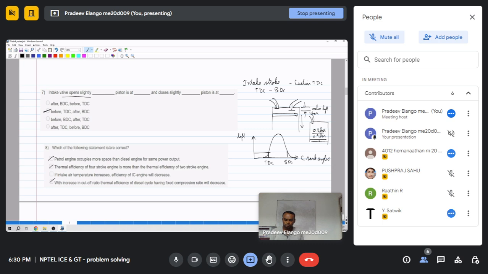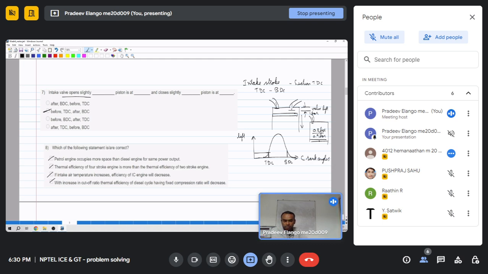Okay. No, actually, if you consider petrol engine, the option that is correct, sorry, I think option third is correct. Third is correct. Huh?